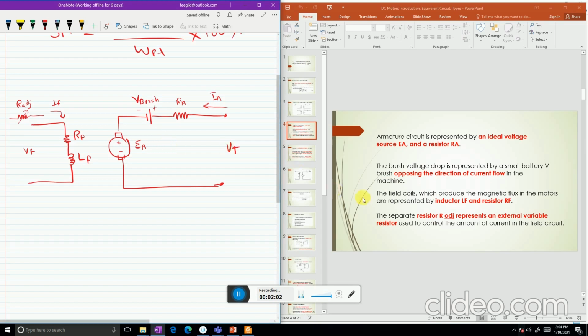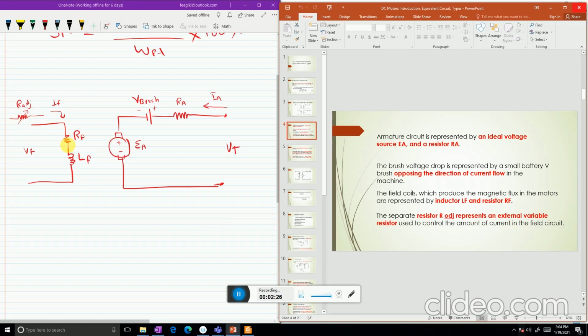The field coils, which produce the magnetic flux in the DC motor, are represented by inductor LF and resistor RF. A separate resistor is added to control the amount of current in the field circuit. This field circuit generates the flux.